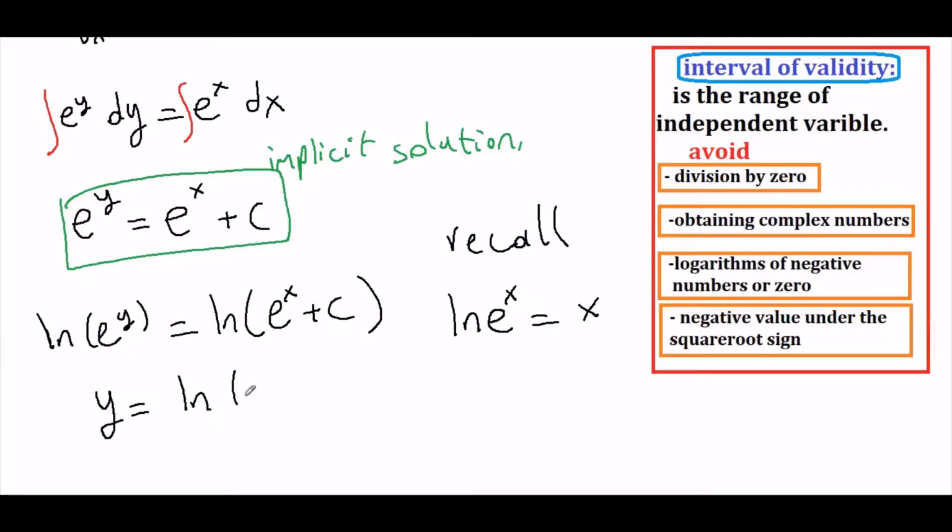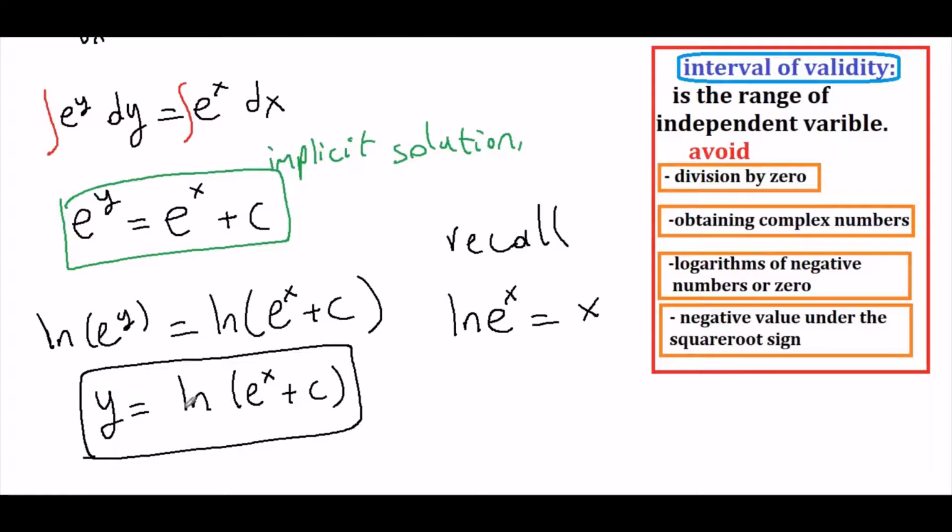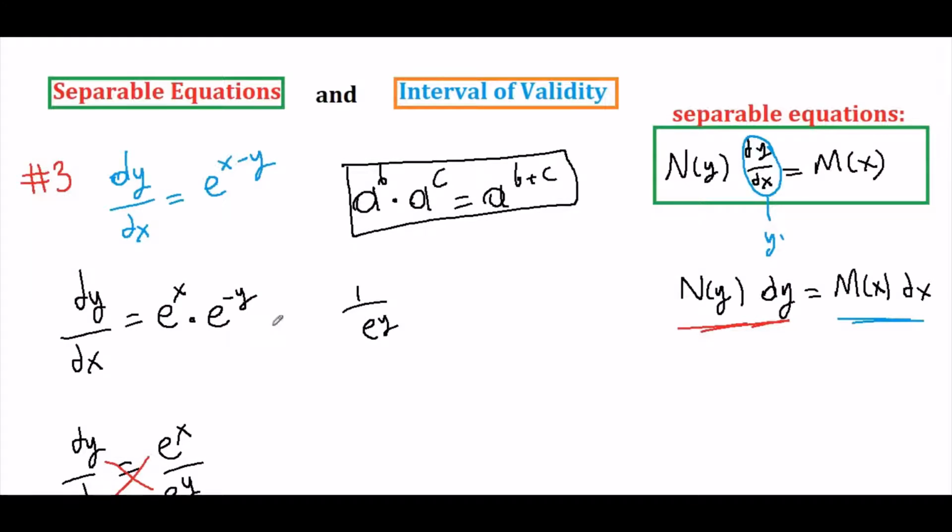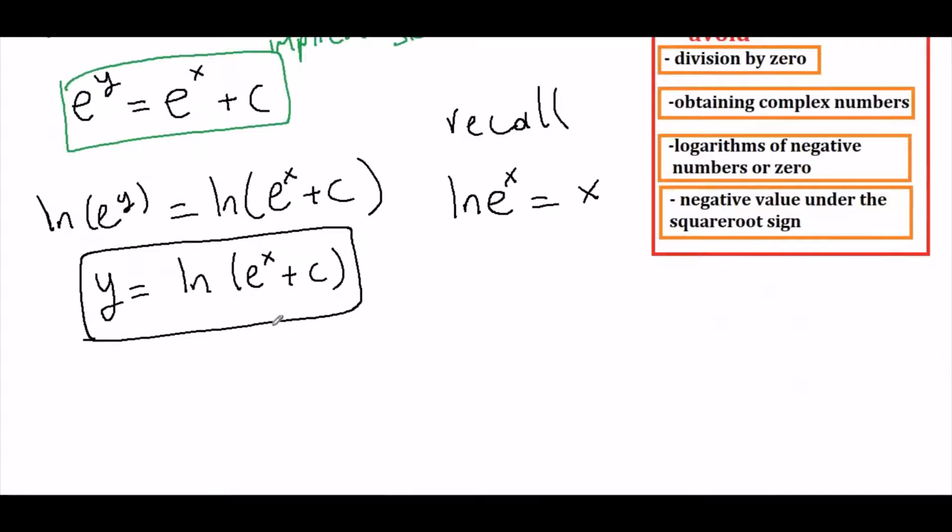This is our explicit solution. Here we are not going to check the interval of validity because we were not given any initial condition. If we had an initial condition, we could check the interval of validity using the x and y values here.